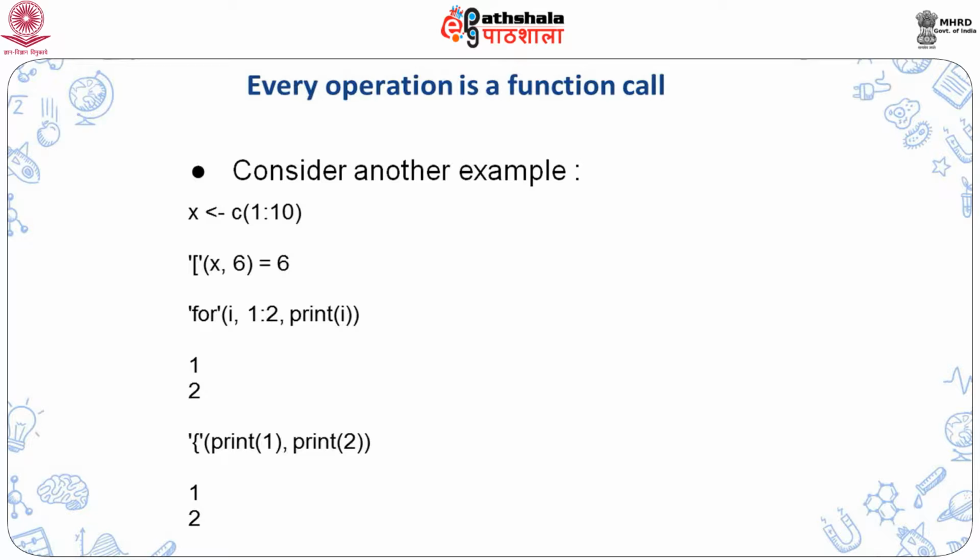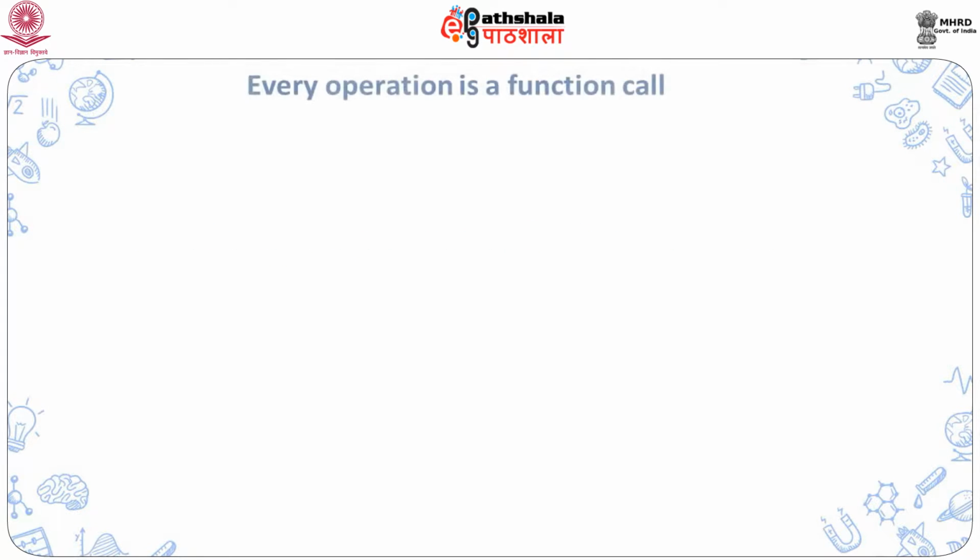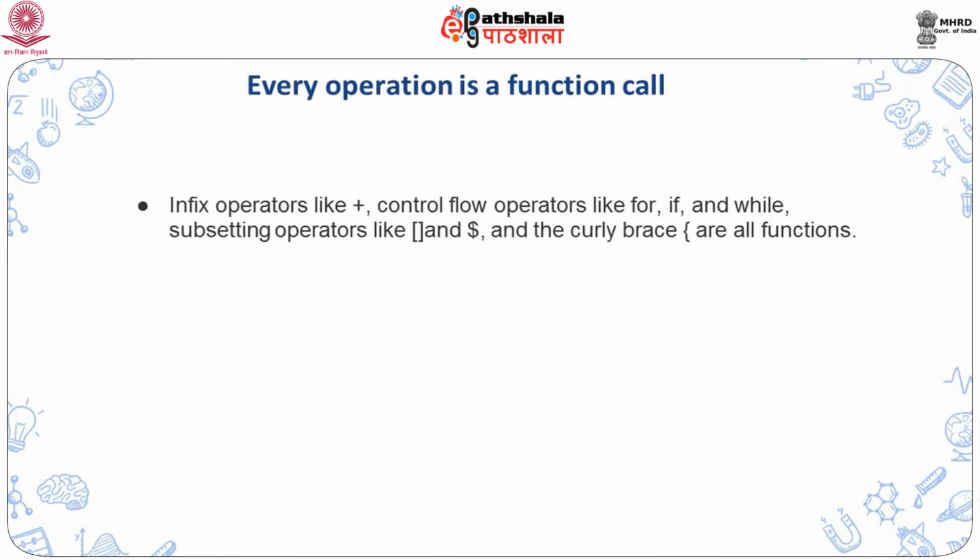Now, let us again use a curly brace, and here we need to print 1 and 2. So, what we have is 1 and 2 as output. Here it should be noted that the backtick lets you refer to functions.